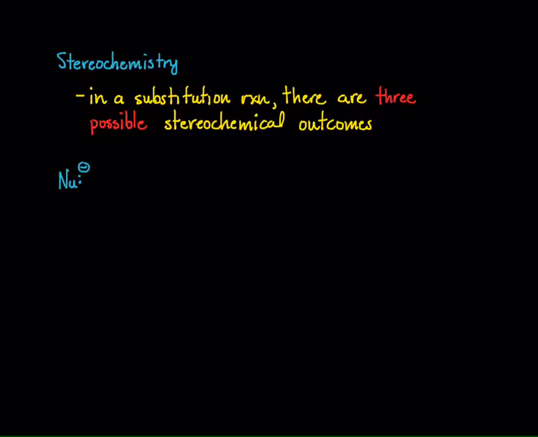Well, the first possibility is that I can take my nucleophile and react it with a stereogenic carbon that contains the leaving group, right? This carbon has 3 different substituents on it, and therefore it's a stereogenic center. A reaction takes place in which the nucleophile basically replaces the leaving group.